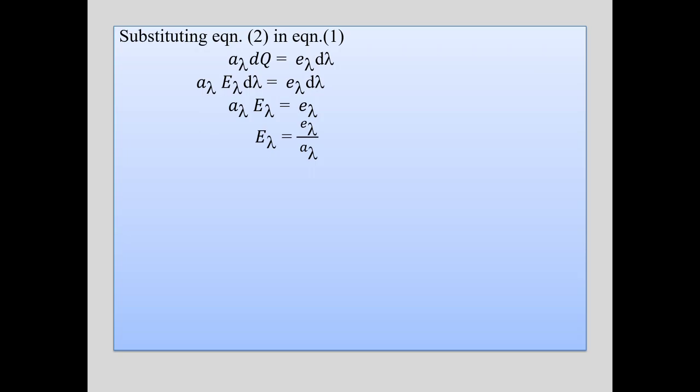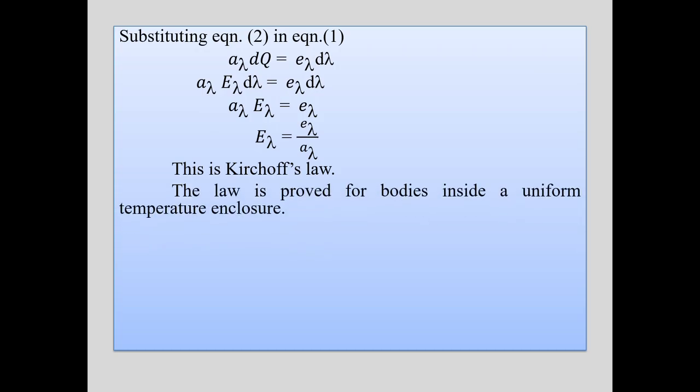This capital E lambda stands for the emissive power of a perfectly black body, which is equal to the ratio of the emissive power to the absorptive power of a body. This is the statement of Kirchhoff's law, so we have proved Kirchhoff's law.